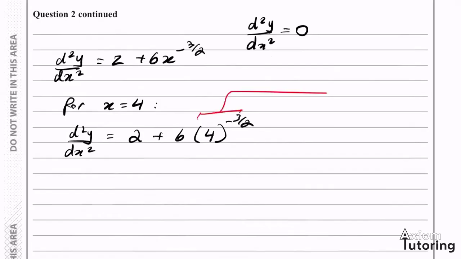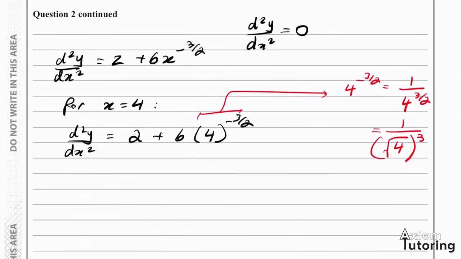And let's think about how we rewrite this here to help us calculate it. So 4 to the minus 3 over 2, we can just write that as 1 over 4 to the 3 over 2, which can be written as follows. So we're rooting it and cubing it.